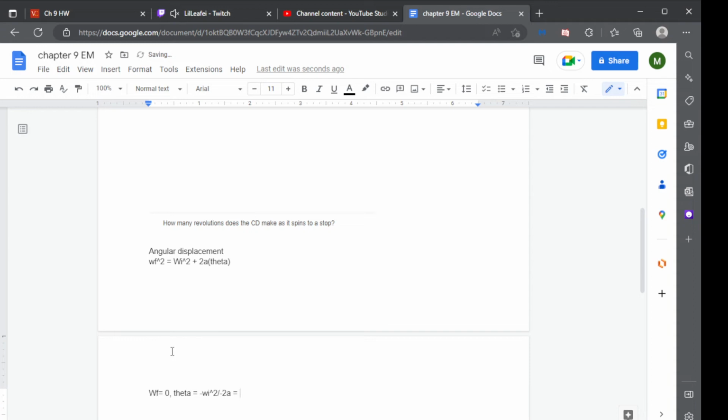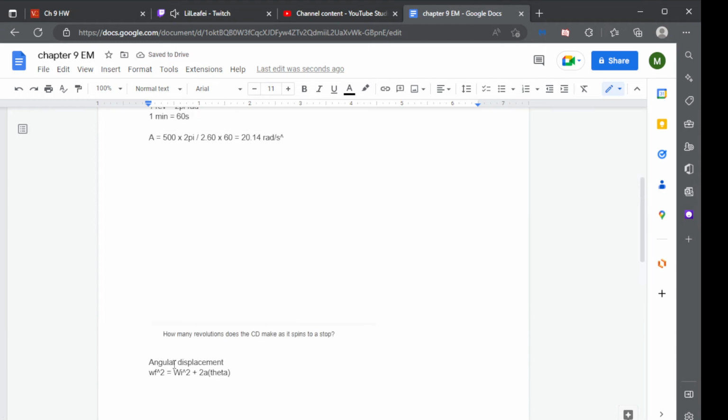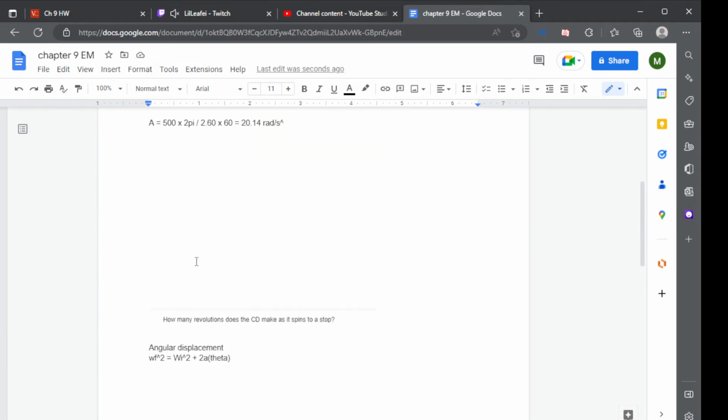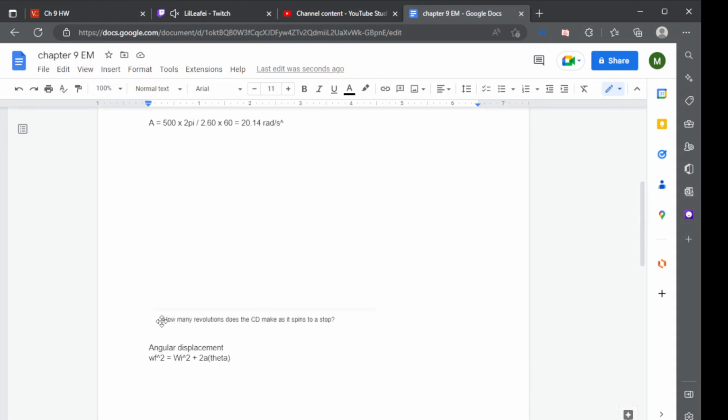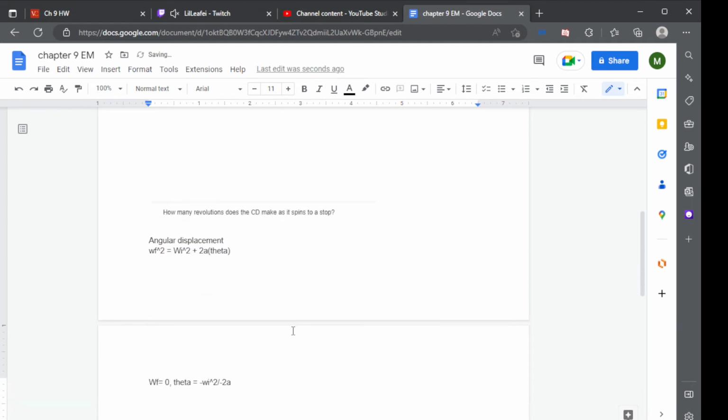So if we put that in our formula, we'll get negative. Oh yeah, almost forgot. Considering that we don't have our initial, because our initial would be 2 pi radians, and this is not what we're looking for. We're looking for how many revolutions the CD makes as it spins. To find W I, or to get our new initial, we go back to our previous question: we got 500 RPM, we got 2 pi, and we got 60 seconds.